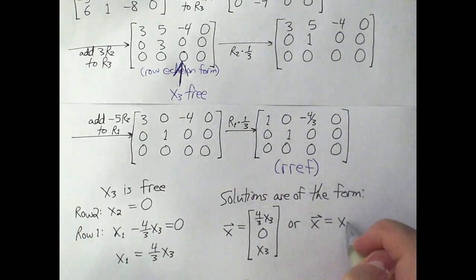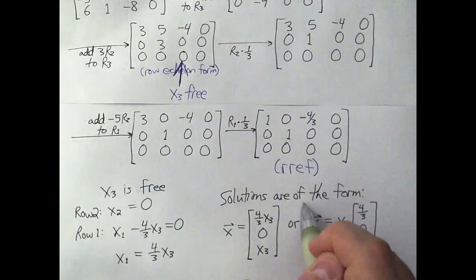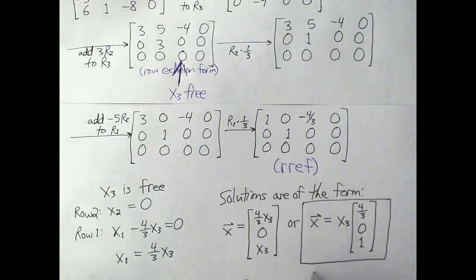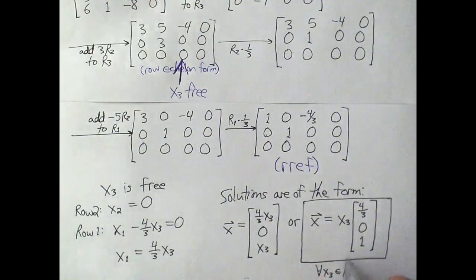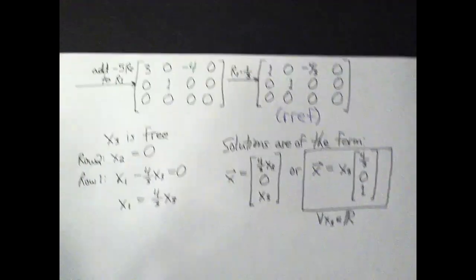So we could write the x3 out front, and then inside we can write 4/3, 0, 1. And this is a nice way to write the solution set. If we want to, we could also say, for all x3 in the set of real numbers. Any real number x3.